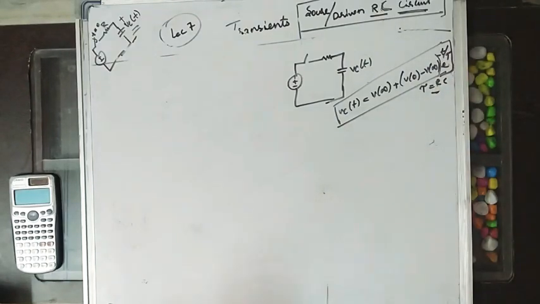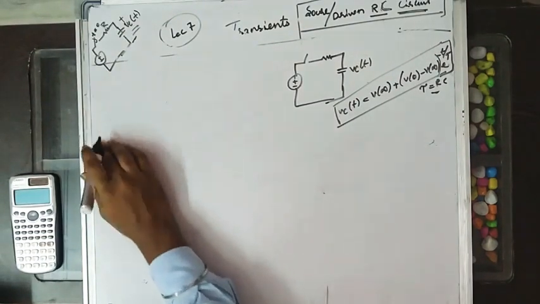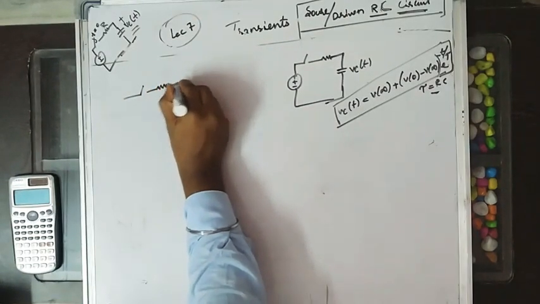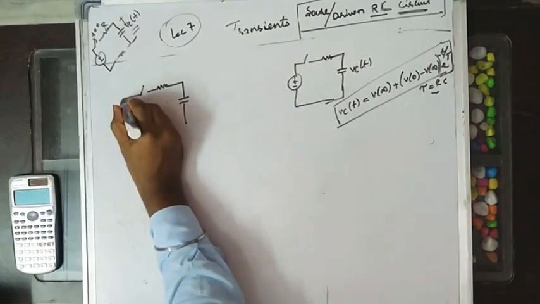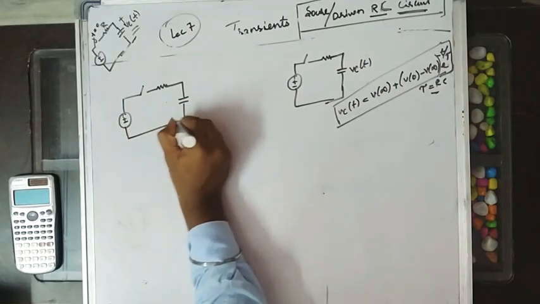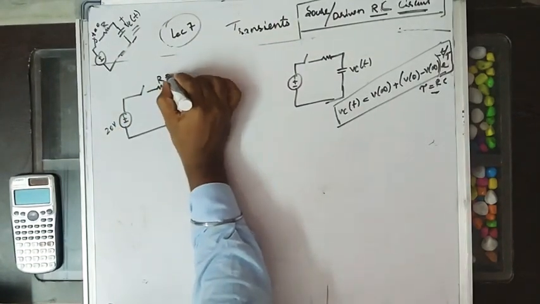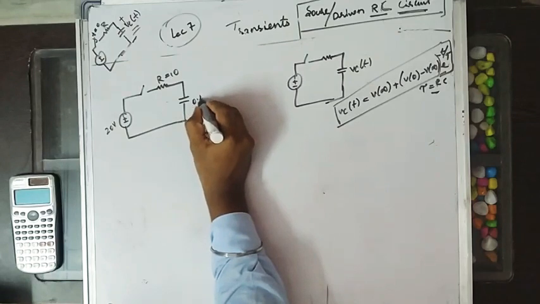So now let us solve a simple problem. A small problem I have picked up for you. This is the circuit given for you. It is a small circuit with a voltage source of 20 volts, R equal to 10, and a capacitor of 0.1 farad.